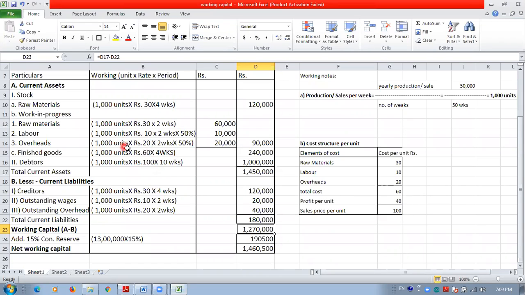We consider the weekly production, the rate of it, all the cost elements, or the time period required for completion, for stocking, for paying. All these things are assumed, so it is an estimated working capital.